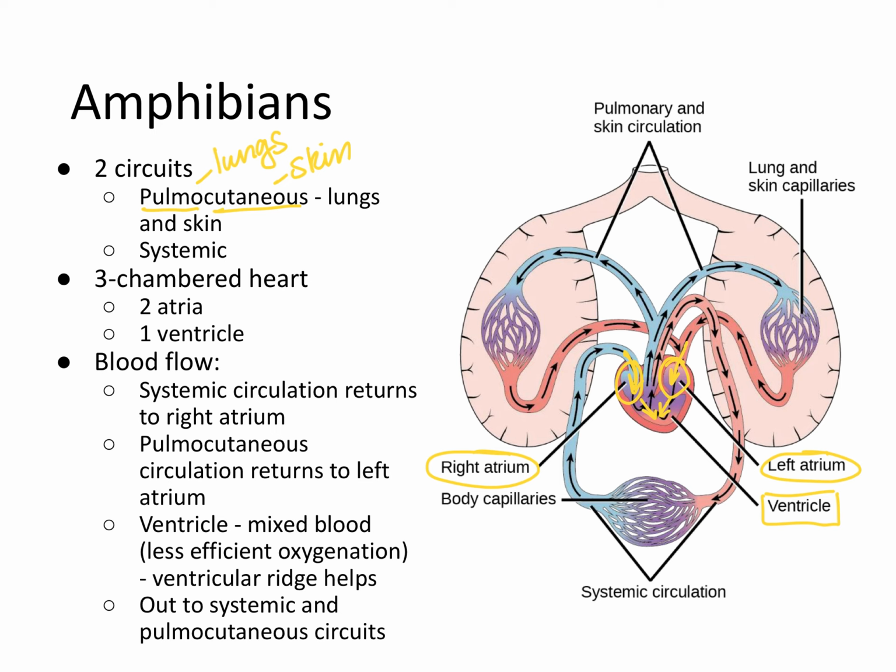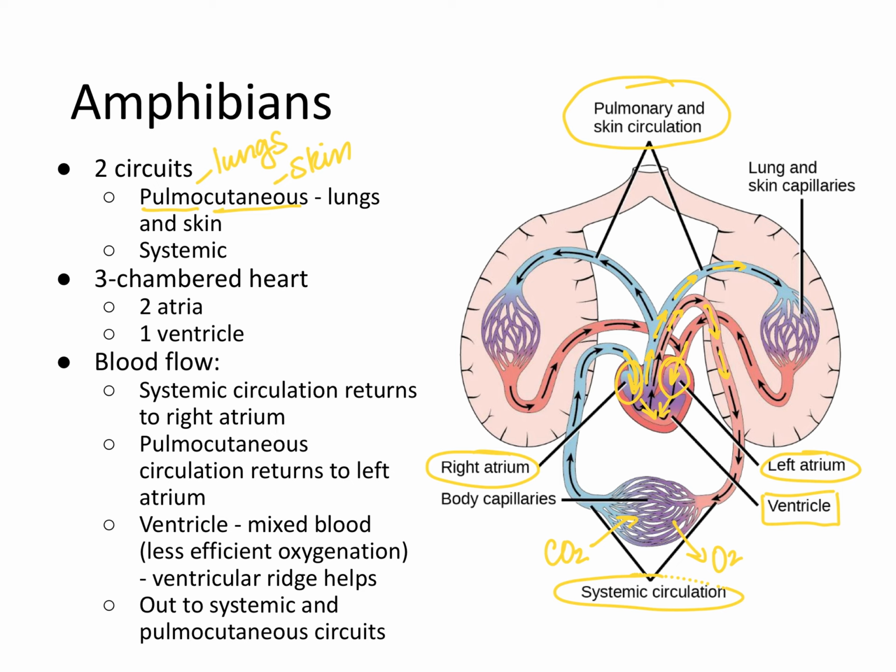Now, because of that one ventricle, the oxygenated and deoxygenated blood does mix, but there is a little bit of a separation due to something called a ventricular ridge. And so you'll see that the blood leaving the heart, there is deoxygenated blood going back out to the pulmocutaneous circuit, and the oxygenated blood is going to the systemic capillaries, or the systemic circulation, where once again it is going to drop off oxygen for the tissues in order to allow the tissues to do cellular respiration and pick up carbon dioxide.